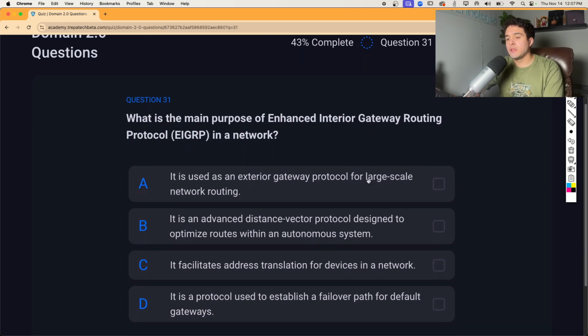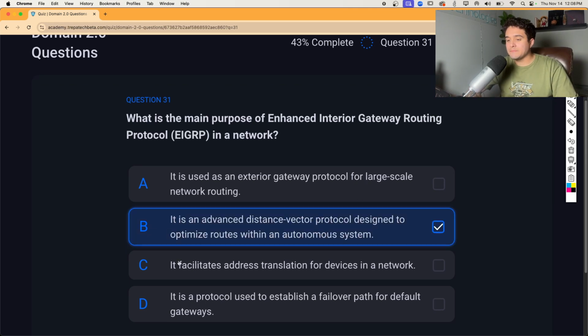Question 31. What is the main purpose of Enhanced Interior Gateway Routing Protocol in a network? So it's an interior gateway protocol. It's considered a hybrid or advanced distance vector protocol, and it's used to have full convergence and an automatic routing protocol within an autonomous system.